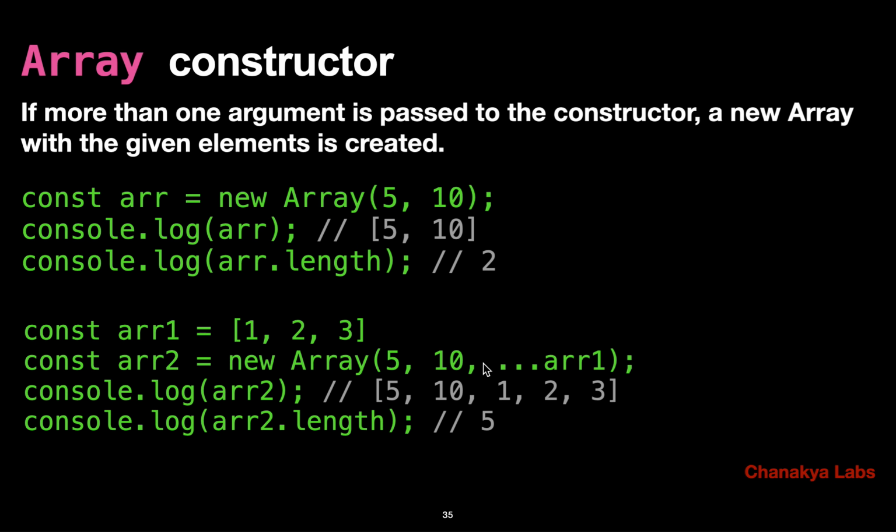When I put the spread operator with ARR1, this array constructor now has how many arguments? 2 and 3, 5 arguments. That's why it will create an array with those 5 items. So it is just a reminder of the syntax which we know: whenever a variable number of arguments is there, we can use the spread operator and paste those values there. And again, AR.length is 5, obviously.